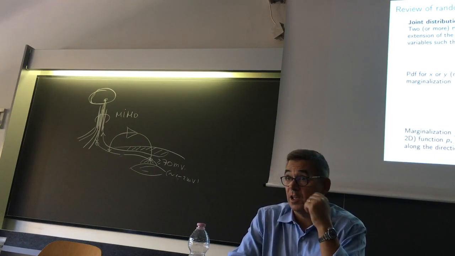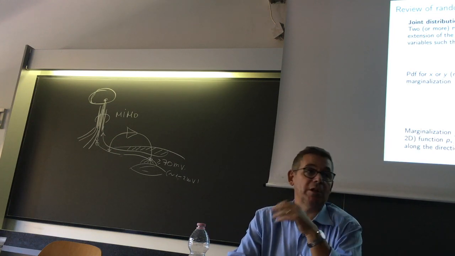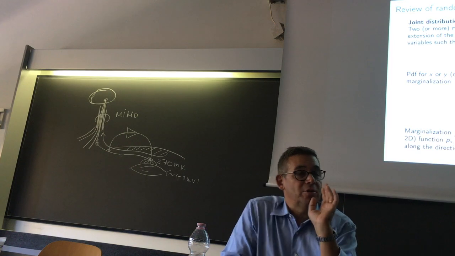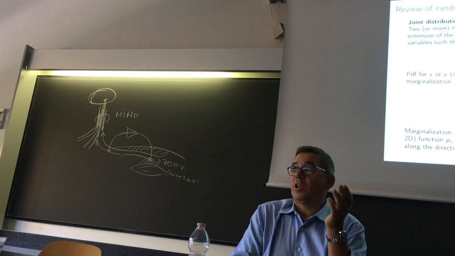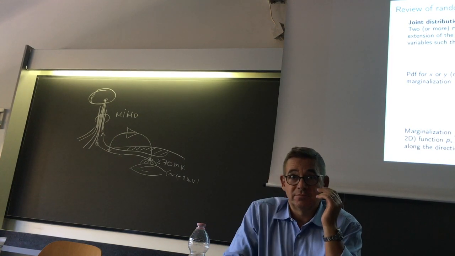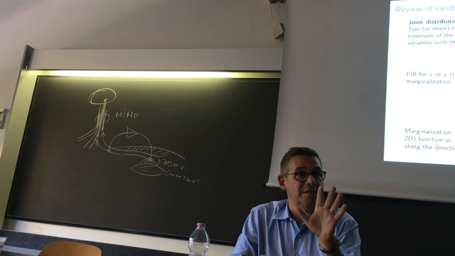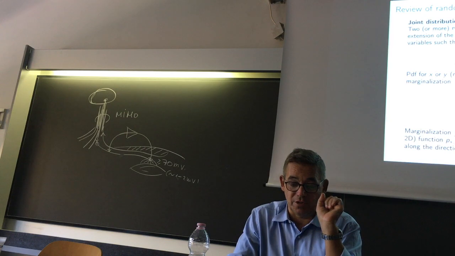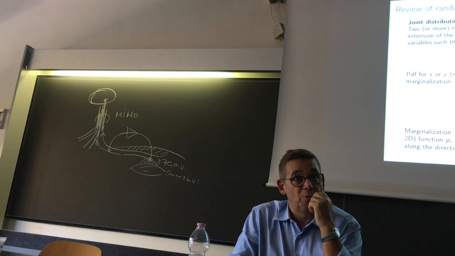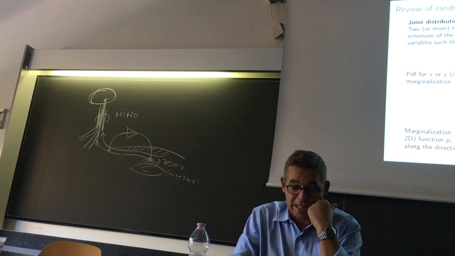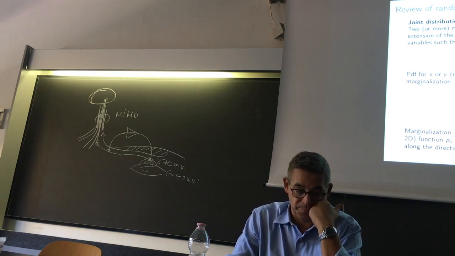During the semester, we will work with n arbitrary random variables, not just two. This n can be 100, can be 1000. Since n is very large, we need to learn the inner meaning of some of the properties that we work with for two random variables.